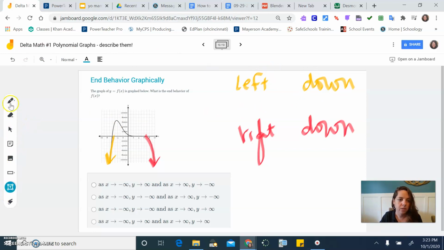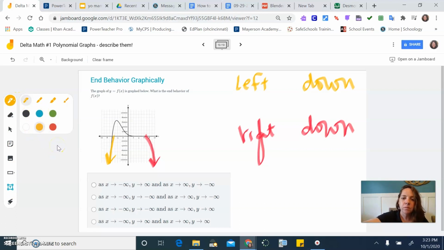Okay. So to translate that into mathematics, we would say as x approaches left, meaning negative infinity, y approaches down, meaning negative infinity.